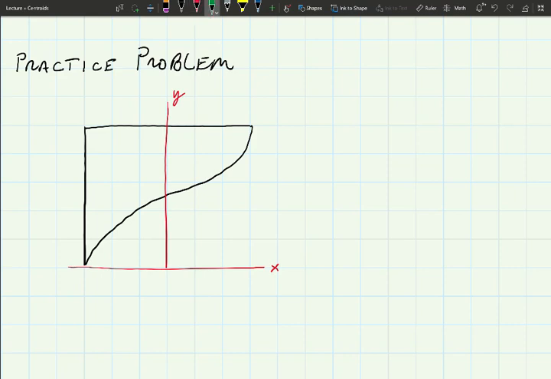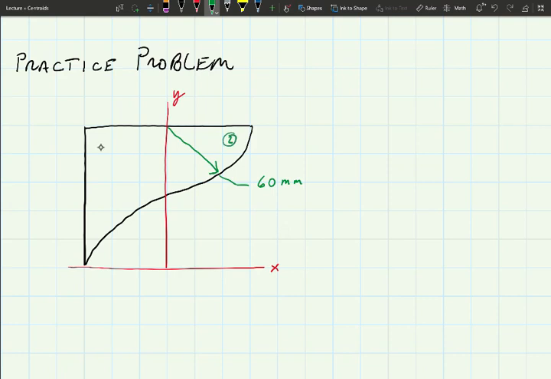Now, here's the fun of this. So this curve here is 60 millimeters, and that's a radius of, well, I'm going to call this one 2.